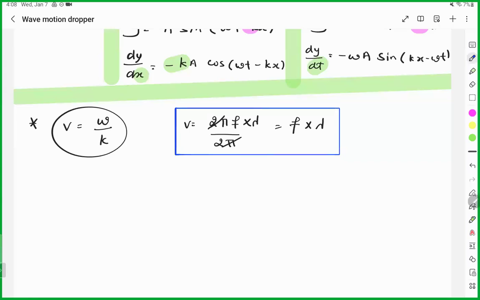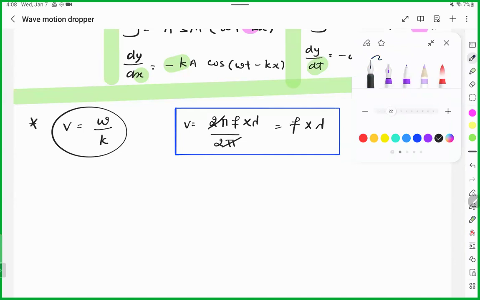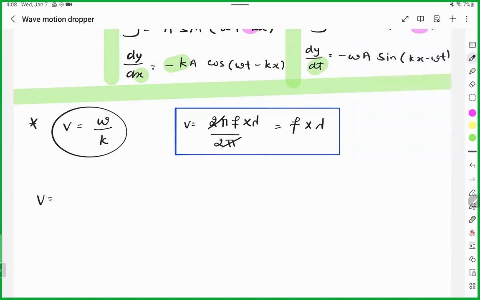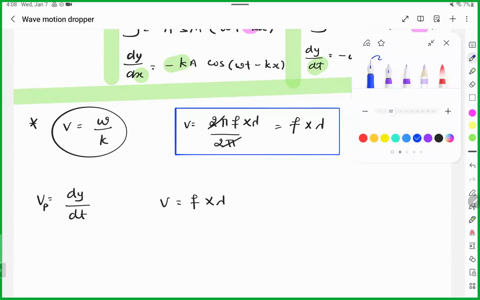Okay. So when we say the velocity of the particle is equal to dy by dt, this is a different thing. When we say v is equal to frequency into lambda, this is a different thing. What is the difference between these two? Because both are velocity.